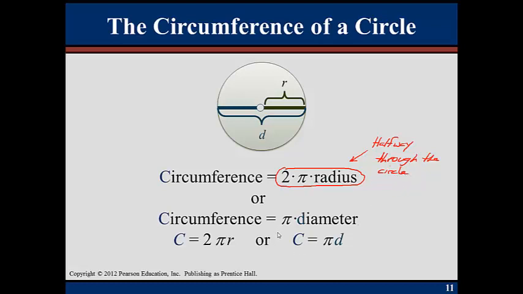And there's also a second formula, and it says circumference equals pi times diameter. Diameter is twice the radius, so it's the length through the entire circle. The formulas are written as C equals 2 pi r, and remember there's multiplication in between here, or C equals pi d, and again there's multiplication in between here.